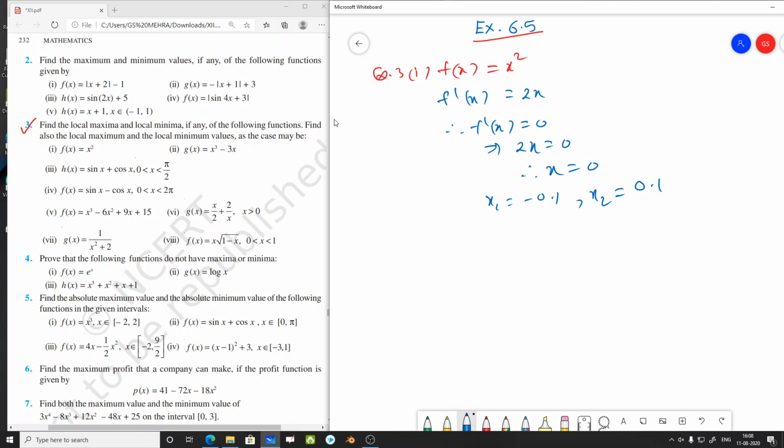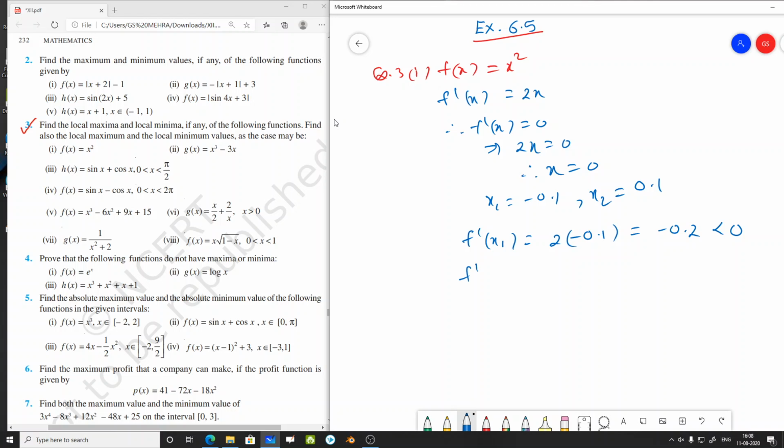So f dash x1 equal to 2 into minus 0.1, that is minus 0.2, and that is less than 0. Actually this calculation is not required, only the sign is required, whether it is positive or negative.